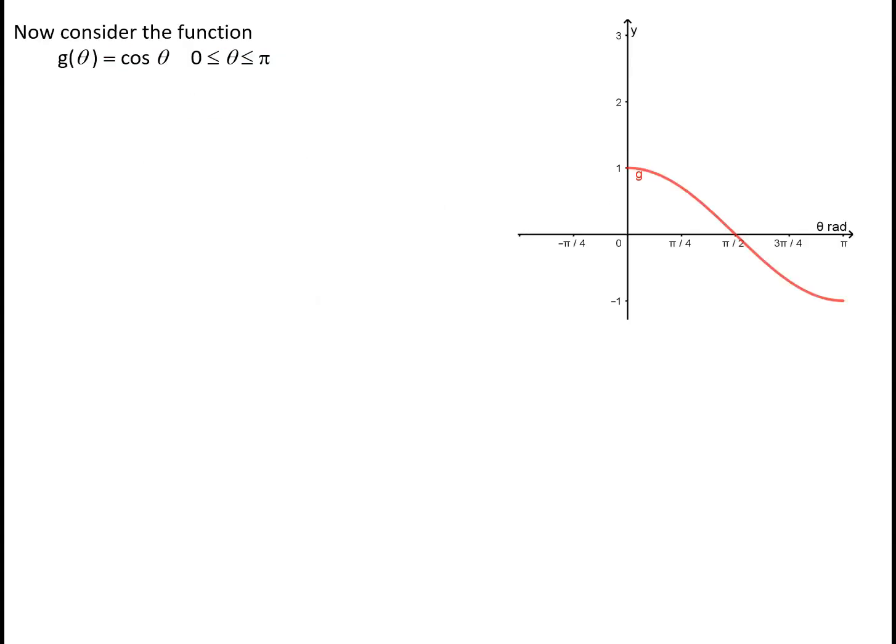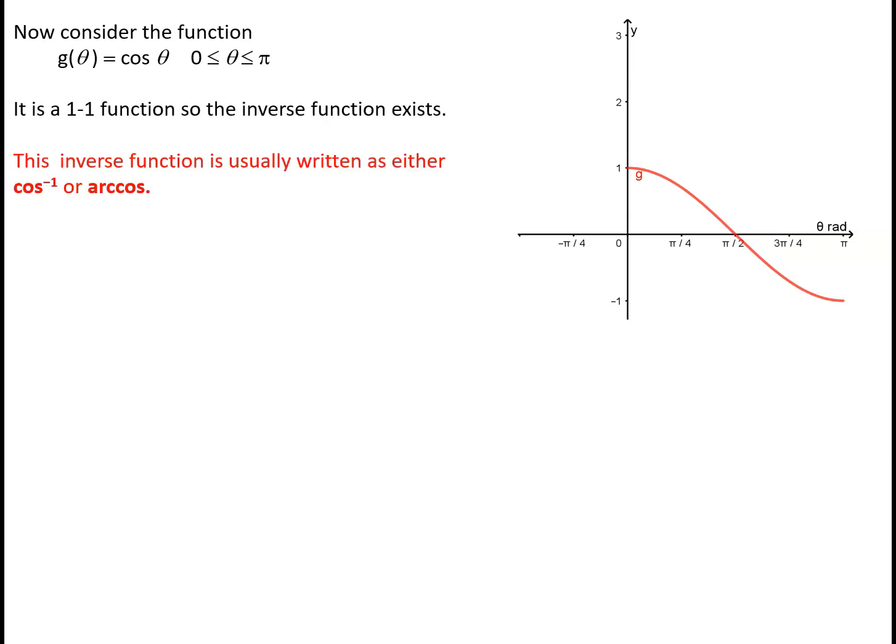Now let's consider the function g of theta equals cos theta for angles theta that lie between 0 and pi. And again we're measuring theta in radians. This is a one-to-one function, so it has an inverse function. This inverse function is usually written as either cos to the minus 1 or arc cos.